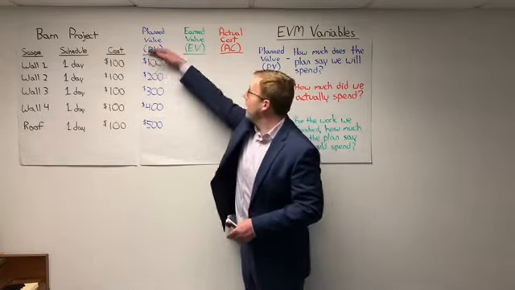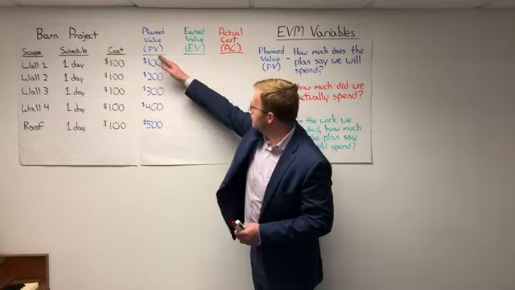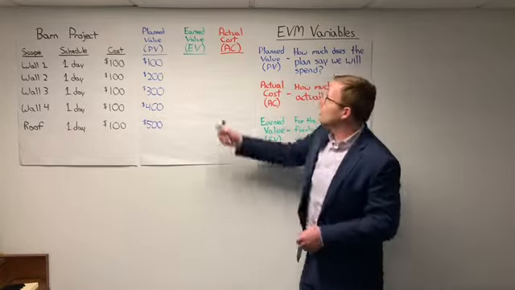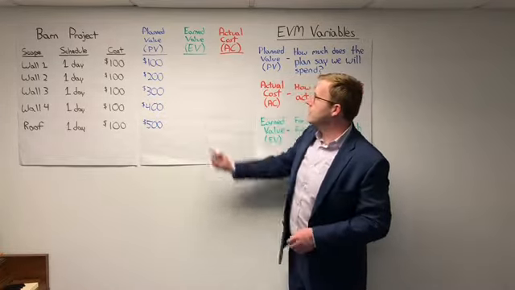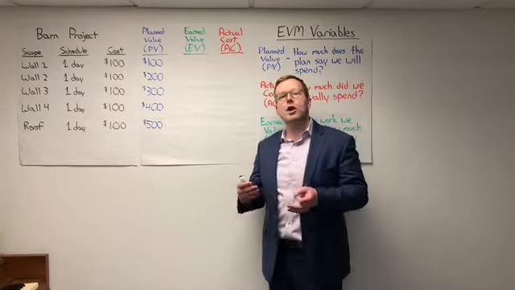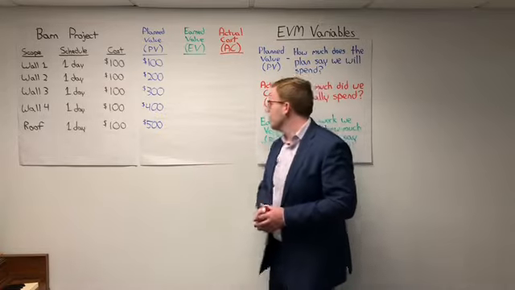We know the planned value numbers from the very get-go, from the very beginning. We can see what is the planned value at every point in the project. For earned value, let's go ahead and jump ahead to day 3. We are at the end of day 3 and we want to know what's our earned value. Total, cumulative over the 3 days that we have worked.